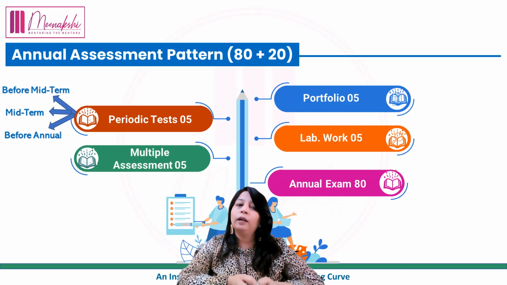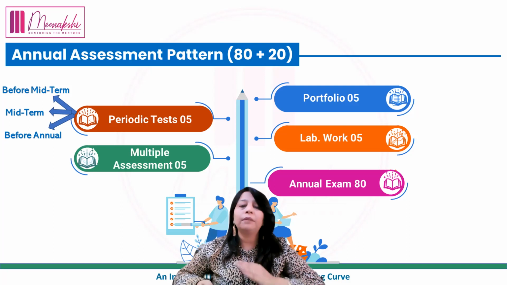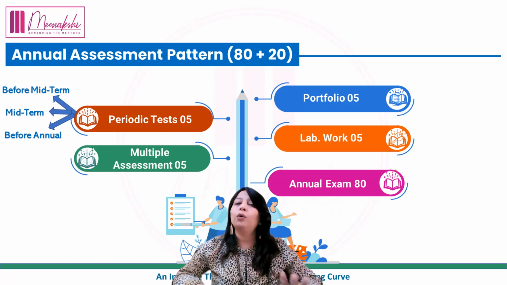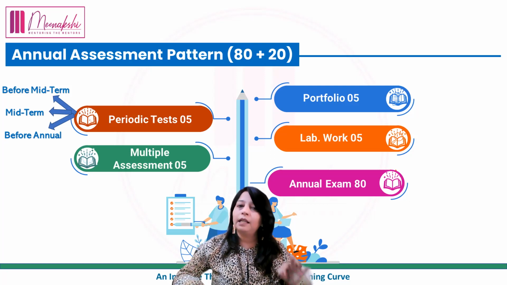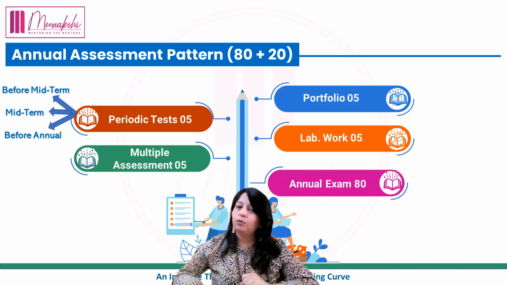So we can also do it like that if we can. 20 marks for the periodic test 1, and then 40 for the midterm and 80 for the post midterm. That is entirely up to you how you want to do it. There are no hard and fast guidelines by CBSE for it, but make sure you calculate the percentage accordingly and give the students a proper weightage out of 5 marks, right?